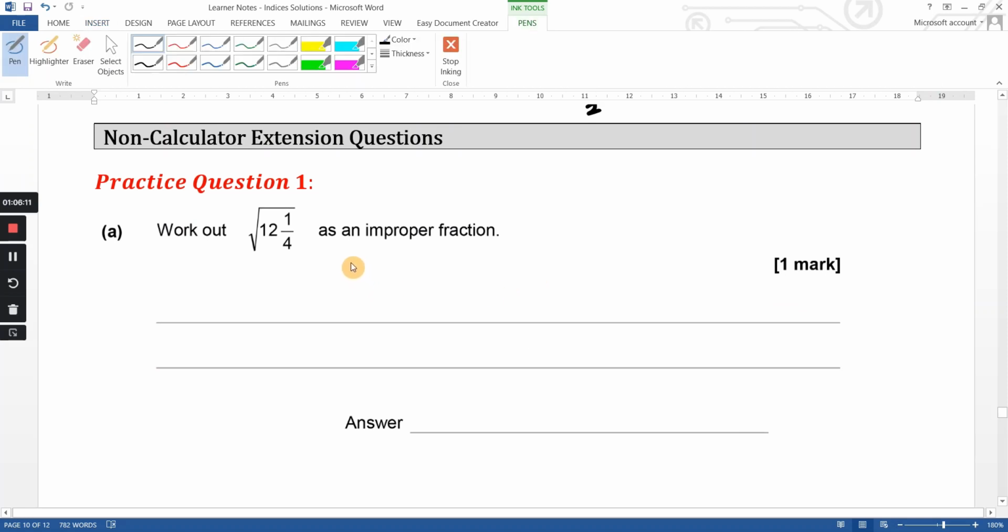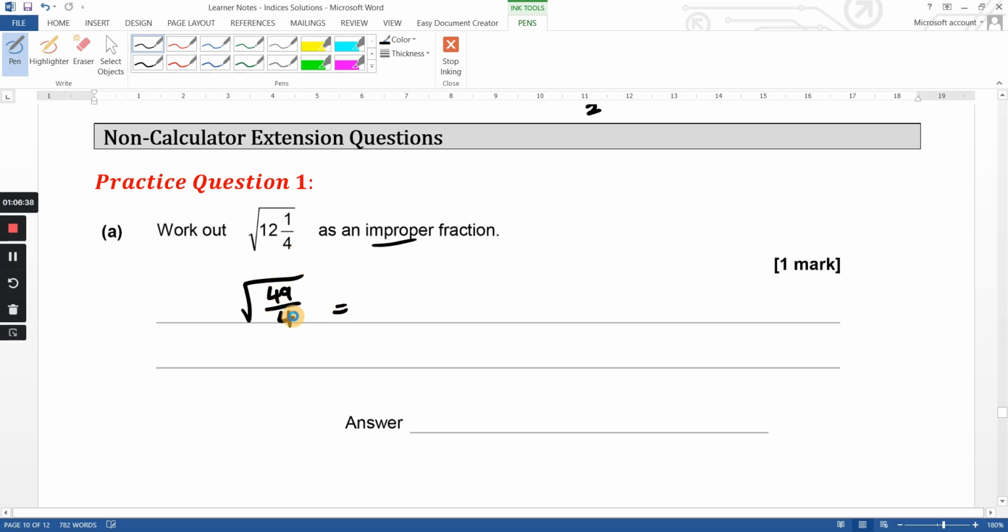So practice question 1, work out square root 12¼ as an improper fraction. Right, so that means we're going to have to change this to improper. So you multiply these two together. 12 times 4 is 48, plus the 1 is 49. Oh, I see where this is going. Over 4.